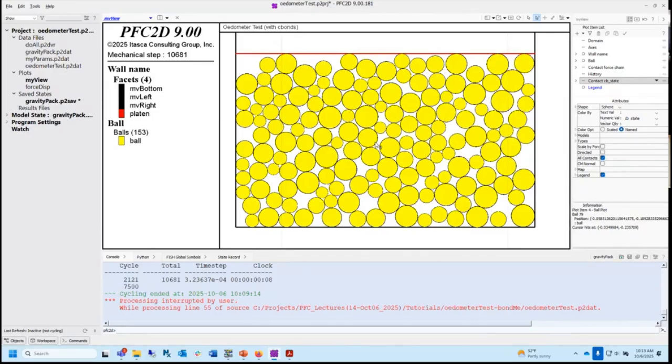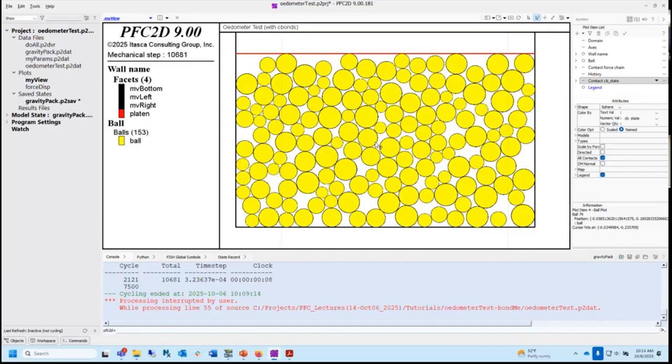Or you can pack it to a higher pressure and put in bonds. In addition, there's going to be a parameter which I call the installation gap. You can say, put it to a certain pressure and then put bonds everywhere the gap is within a certain distance.